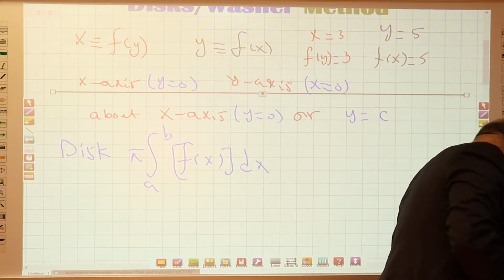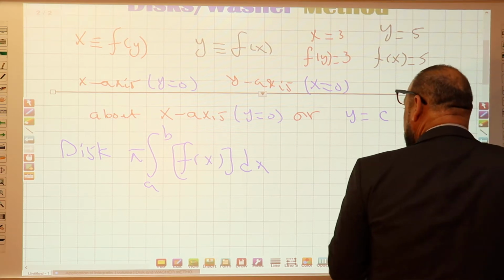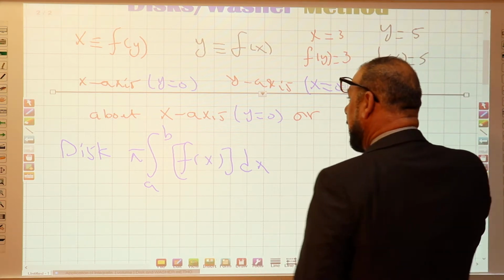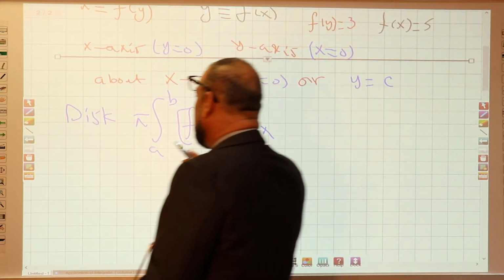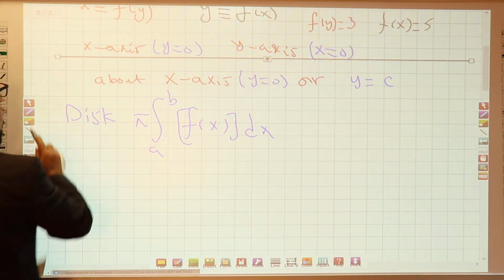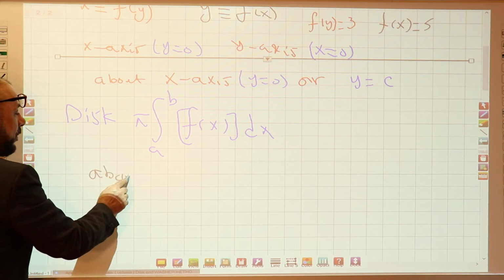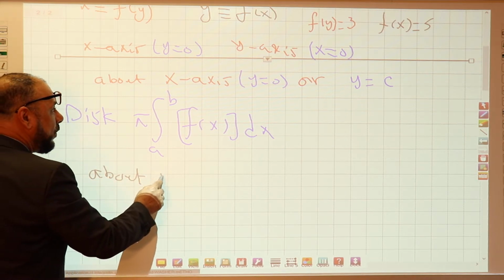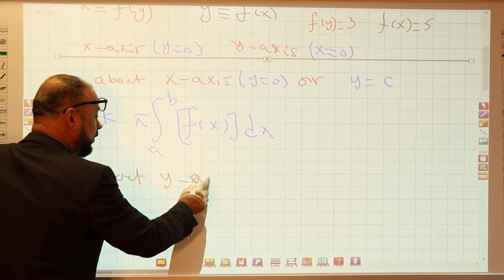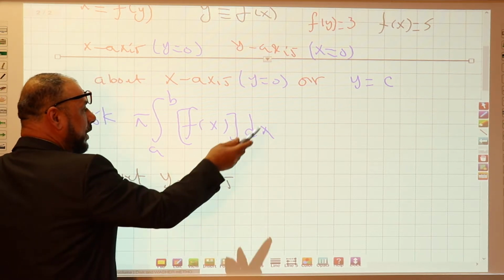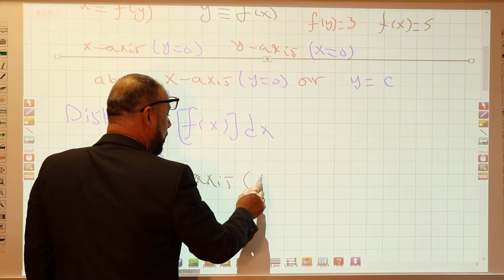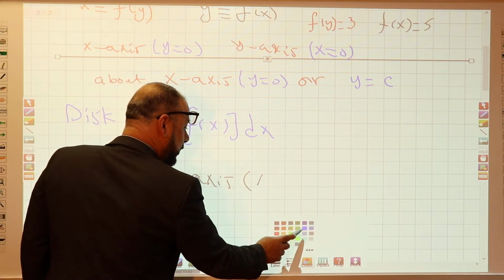Now, when you revolve about the y-axis, the y-axis means x equals 0.